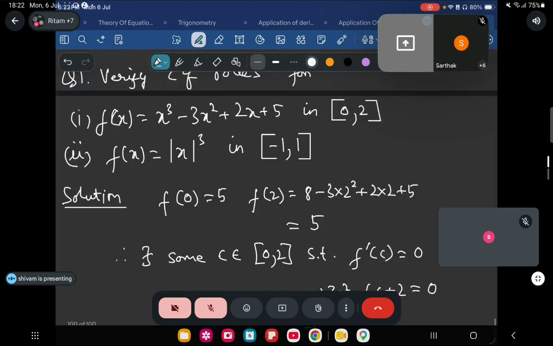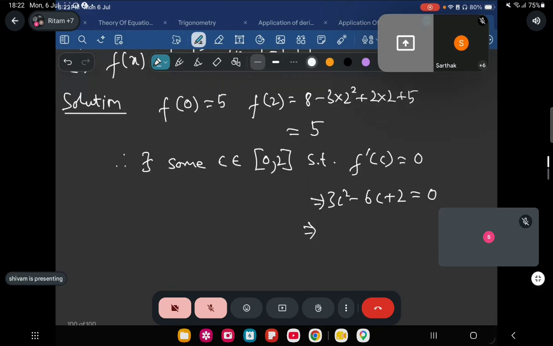So from here, we have to use the Sridhar-Acharya formula. C will be equal to 6 plus minus root over b square minus 4ac, that is 36 minus 24, which is 12, by 2a, so 6. This will be 1 plus minus 1 upon root 3.